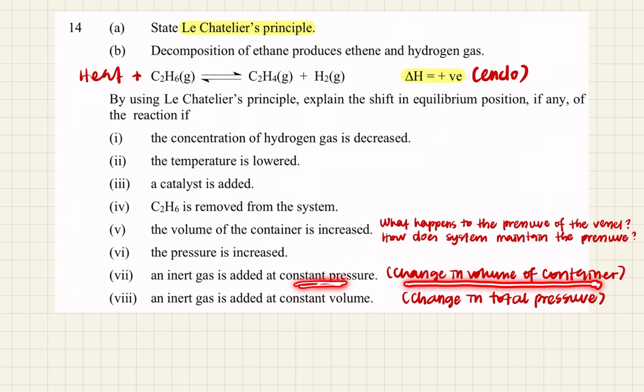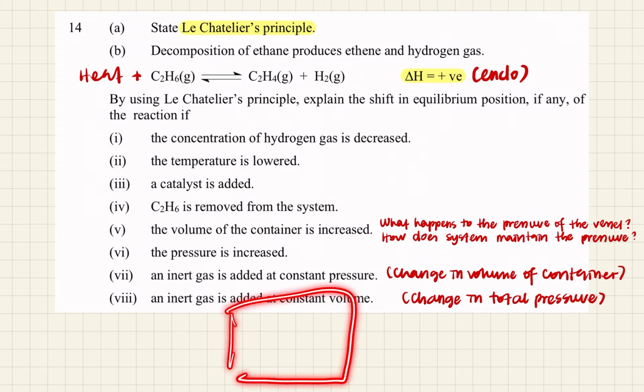Okay, so what will happen to the volume of the mixture? Kalau constant pressure, awak add more gas, then the volume of your container will increase, kan? Volume increase. So kalau volume increase, that means what will happen?